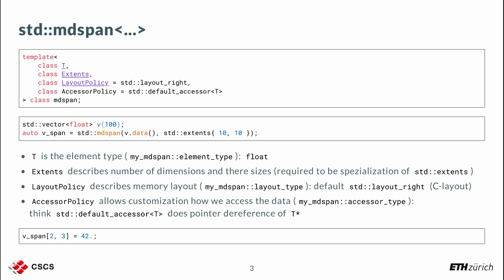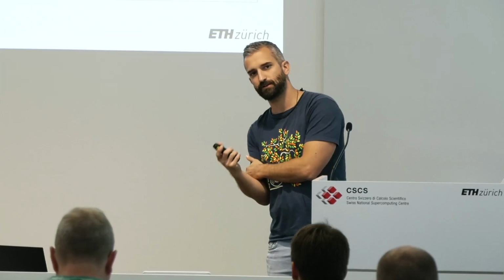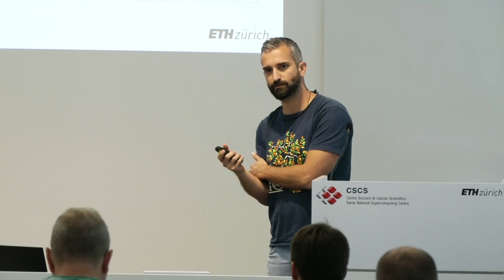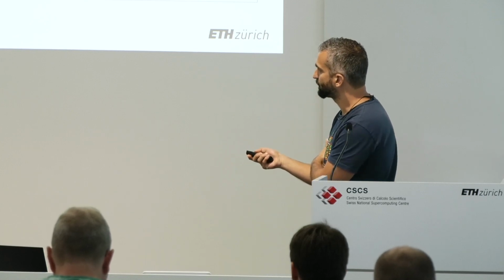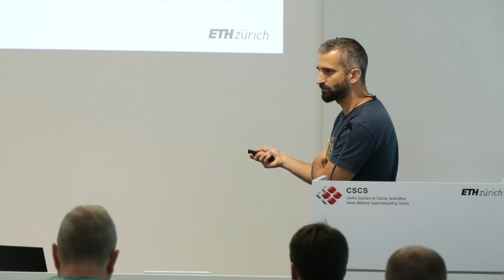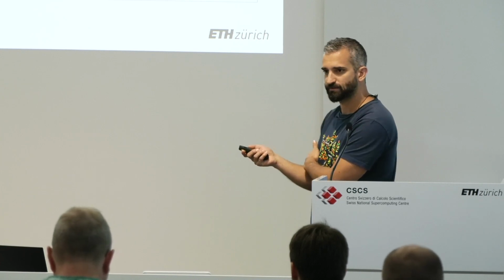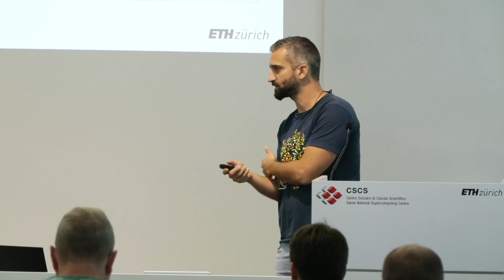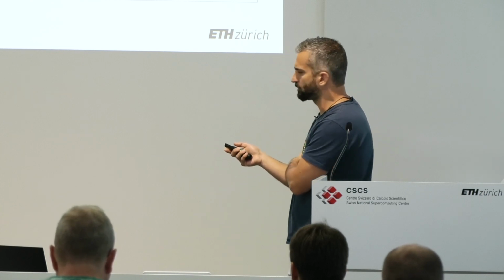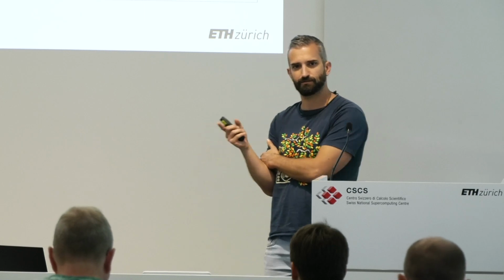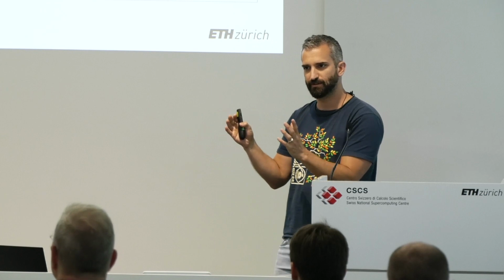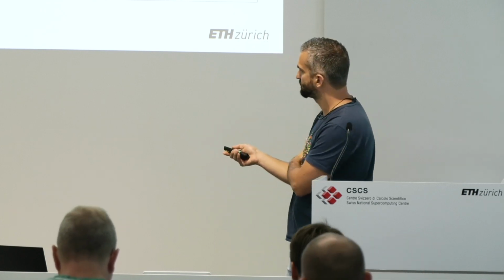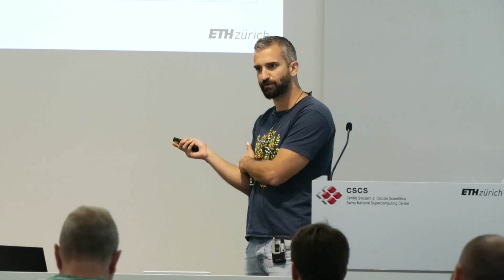And you can do this as a C++23 language feature, because before C++23 you could not have operator square bracket with multiple arguments. In the past, if you have seen multidimensional array libraries, they probably use the call operator for index access, the round parentheses.